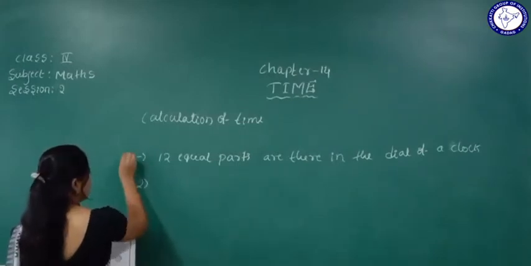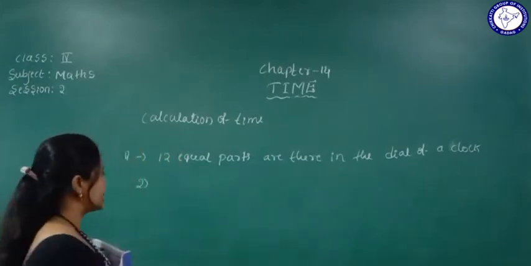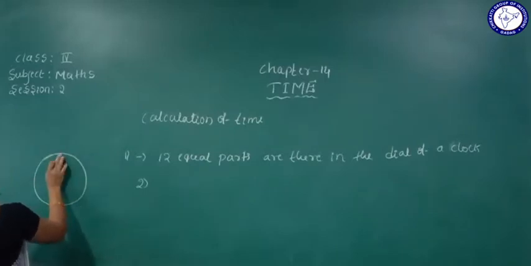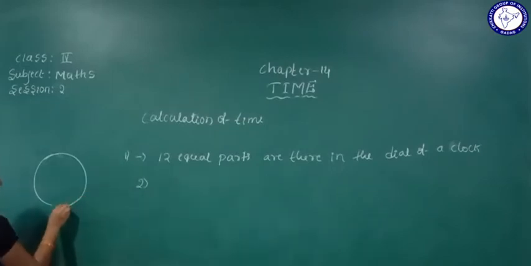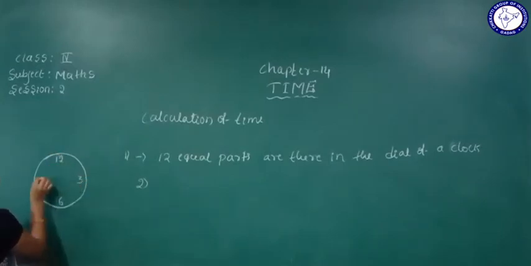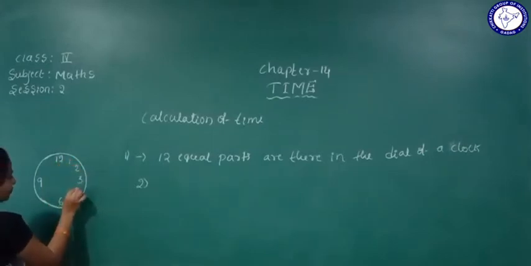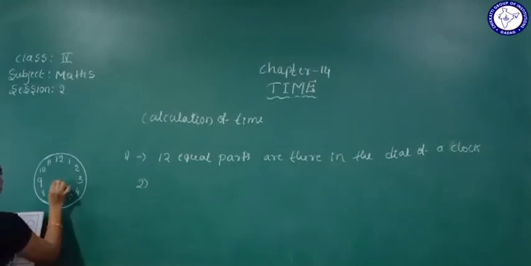The second question is given here. The first one: what does the bigger needle in a clock indicate? First we will see this clock. Here we write 12, here 6, 3, 9, and in between 1, 2, 4, 5, 7, 8, 10, 11.